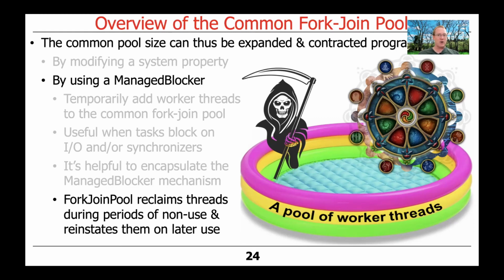If after a while that thread that was created is not used for a certain period of time, let's say a minute or so, then it will be terminated, and the number of threads in the common fork join pool will contract back to the default number. So it's really only there temporarily. It's kind of like seasonal hiring at Walmart or Amazon. These threads are only there for a short time, as long as they're really needed. After that burst is done, they can be terminated and go away.